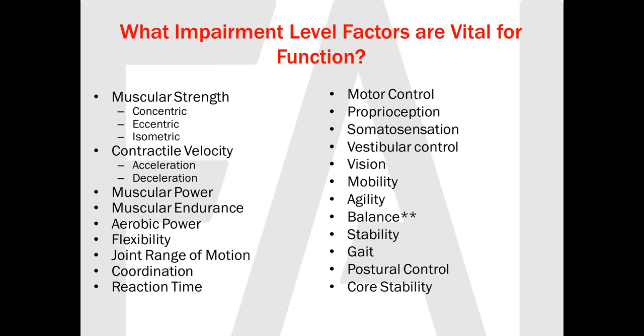Here's a list of some of those factors that are very important in order to attain what we might consider max function, and then maintain that for a long period of time. Strength is certainly on the list, but we've got to look at muscle power. I'm a big proponent of muscle power. The research is very clear that muscle power is more important than muscle strength when it comes to function. And then we look at all these other aspects of endurance and coordination.